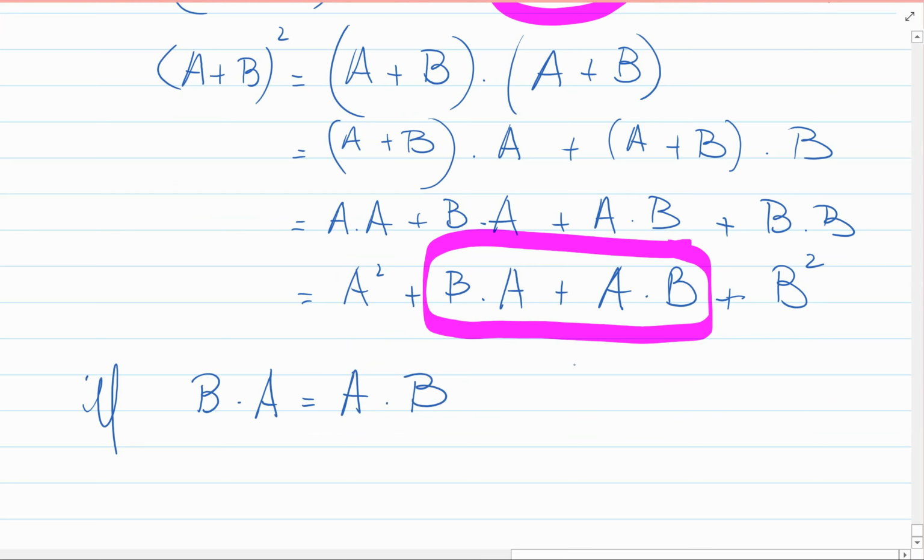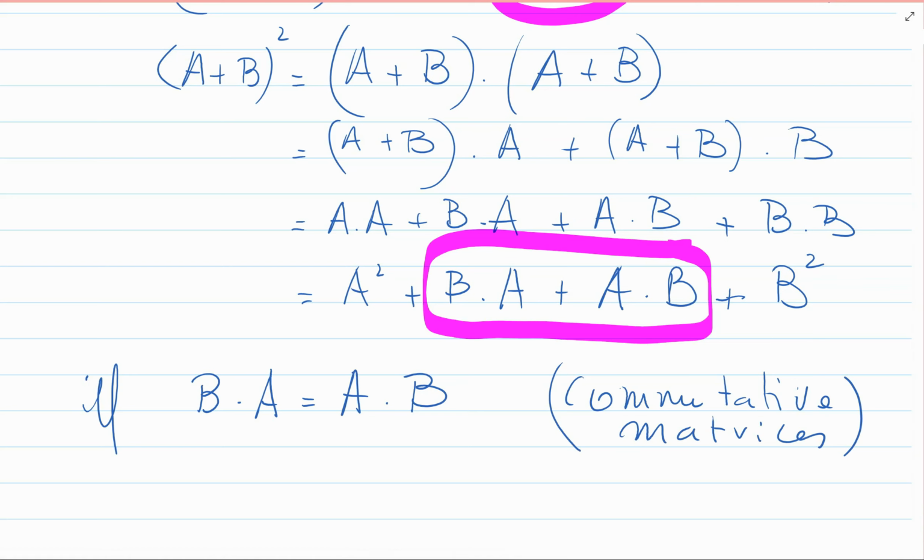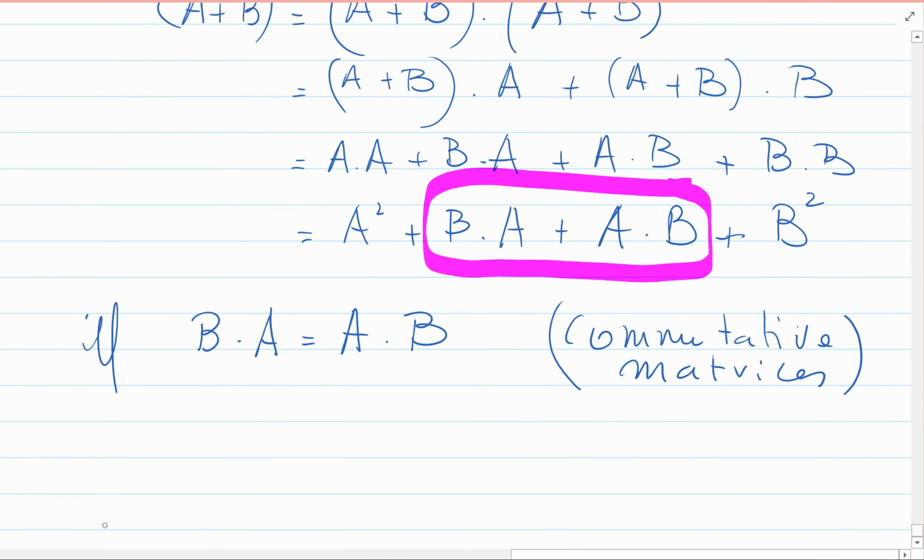We call them commutative matrices. So if BA equals AB, then the formula is true. But if BA is not equal to A times B, the formula is false.